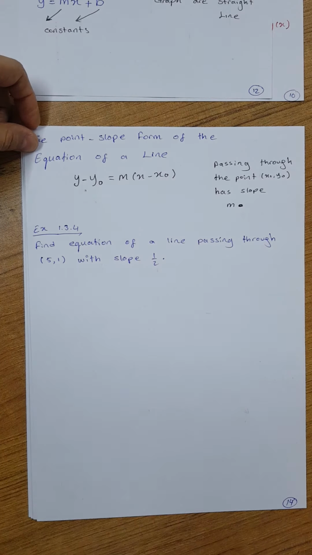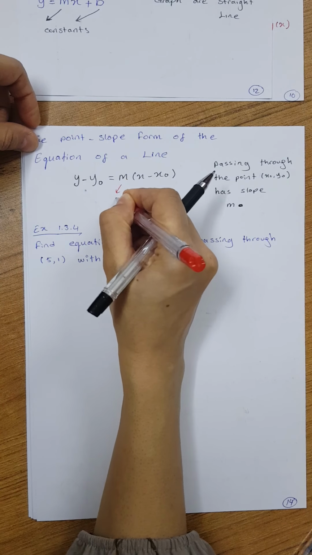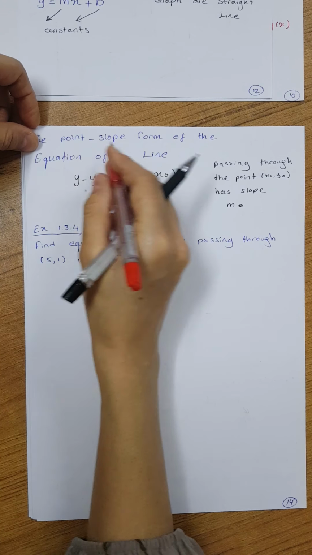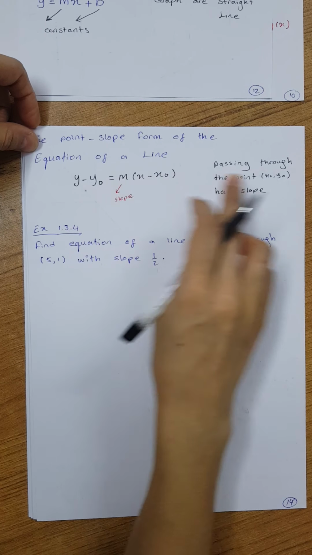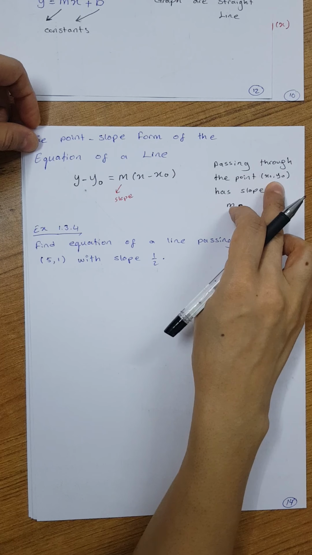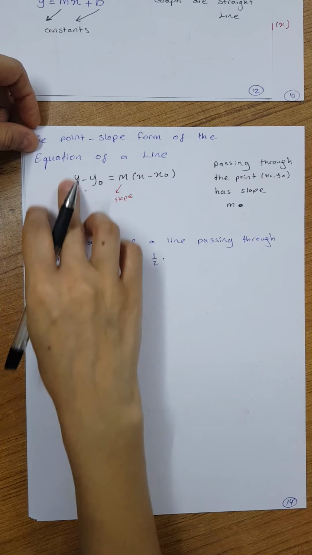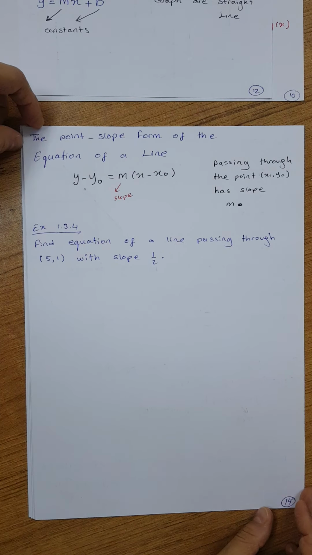Okay, that m is the slope. Why is it called point-slope? Because I'm depending on the slope of the line and the point that the line passes through to make the equation of the line.